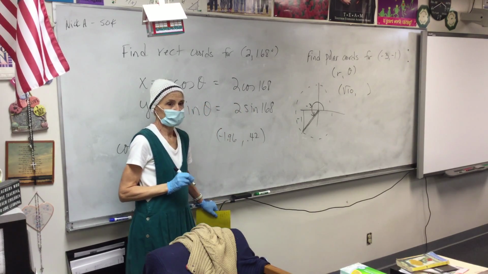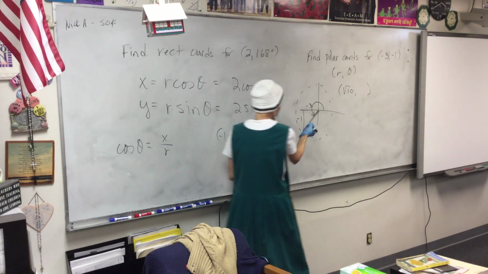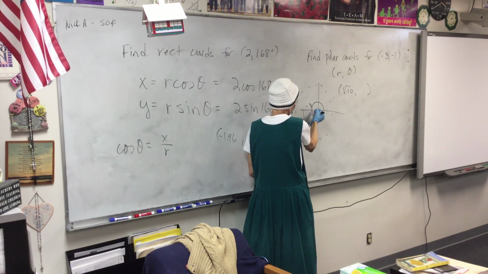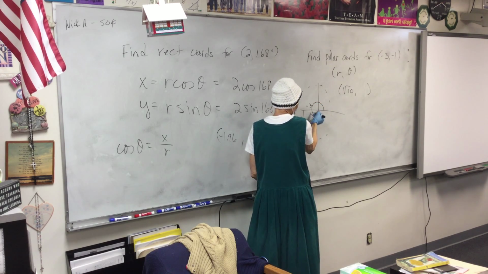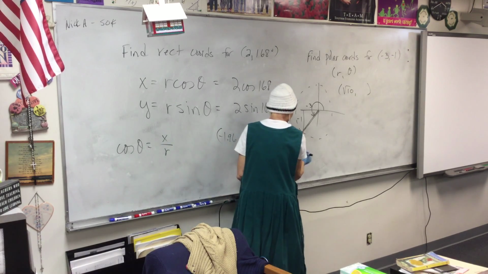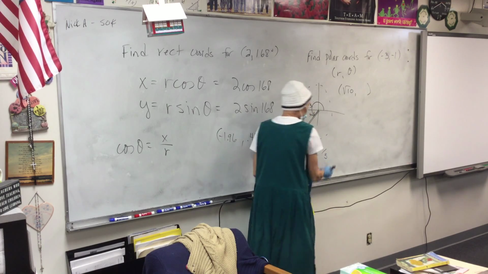Now what's going to be our strategy to find theta? Find the smaller angle. We'll find the angle inside the triangle here, and then add it to 180. Now how will we find the angle inside the triangle? Tangent. We'll say the tangent of that angle equals 1/3.